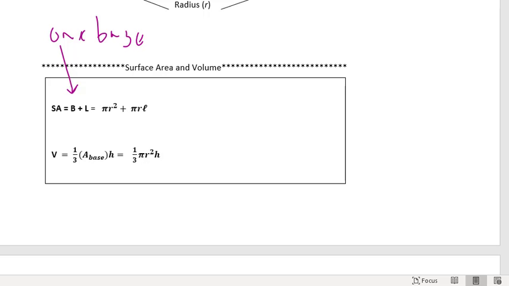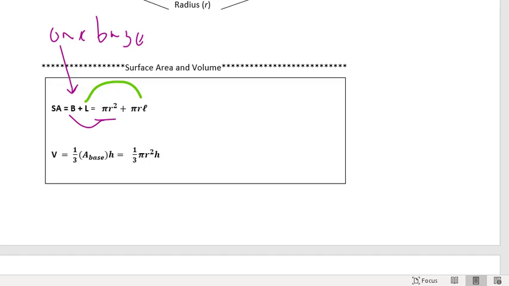So it's the area of the base plus the lateral area. The area of the base is pi r squared, and then that lateral area is pi r times the slant height, L. So pi r squared, area of the base, and the lateral area is pi times the radius times the slant height.